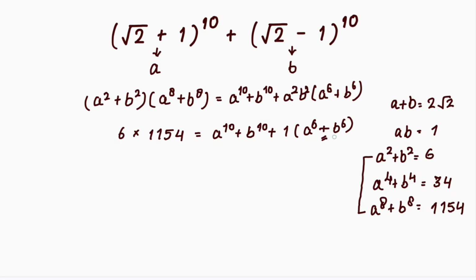Now this value is unknown. Let's calculate it by cubing a square plus b square.